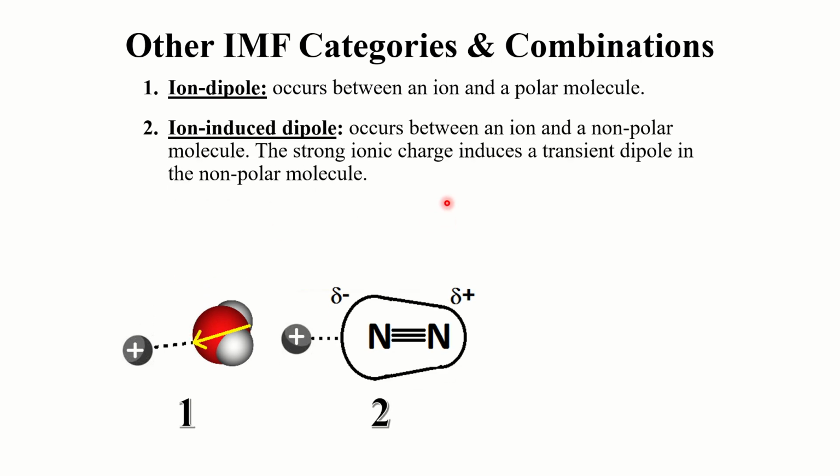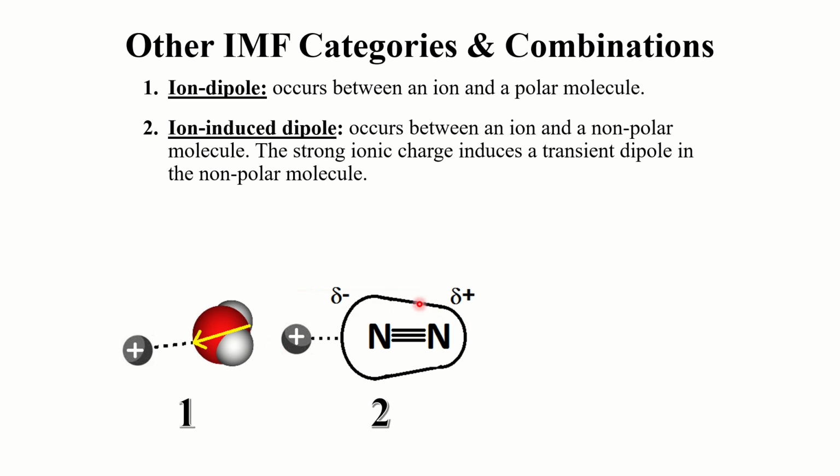Next is something called ion-induced dipole. So these names are very nice and descriptive, fortunately. So this is when an ion induces a dipole in a nonpolar molecule. That strong ionic charge induces a transient dipole in the nonpolar molecule. So for example, if we had a positive ion interact with the nonpolar molecule N2, nitrogen gas, that positive ion over here causes these electrons to shift in response.